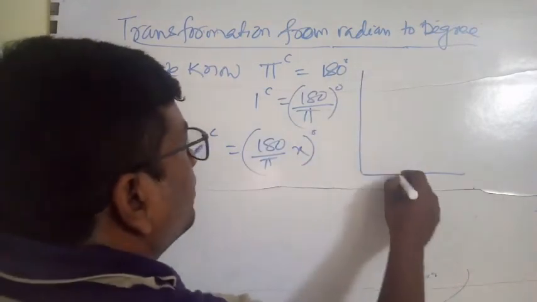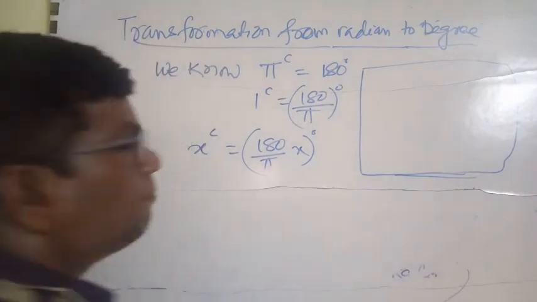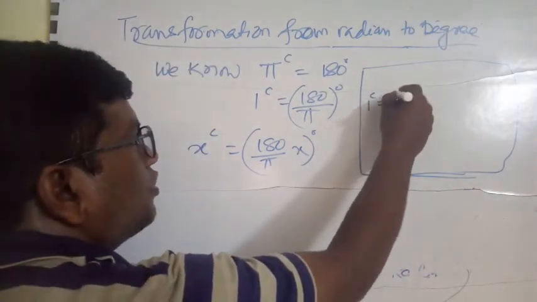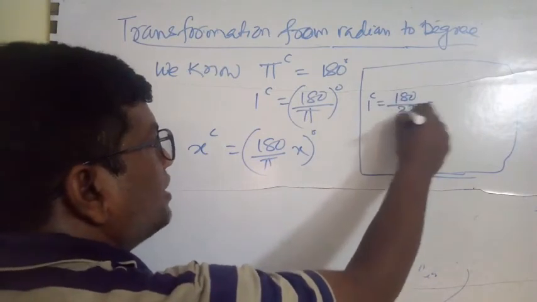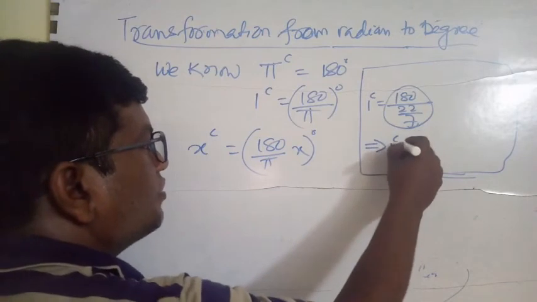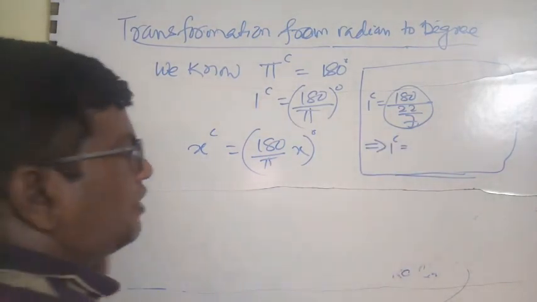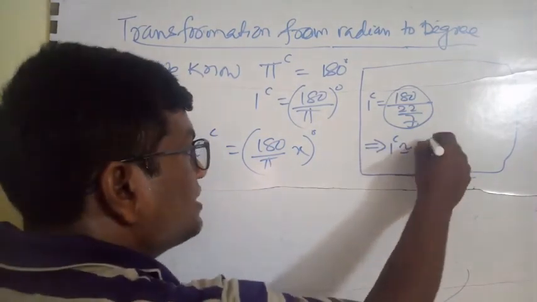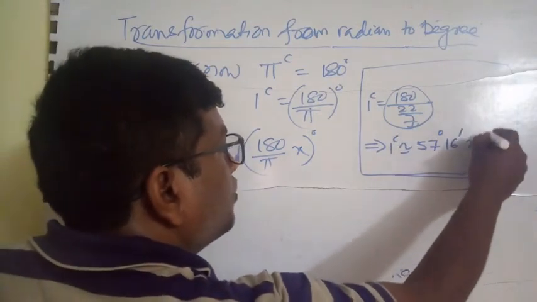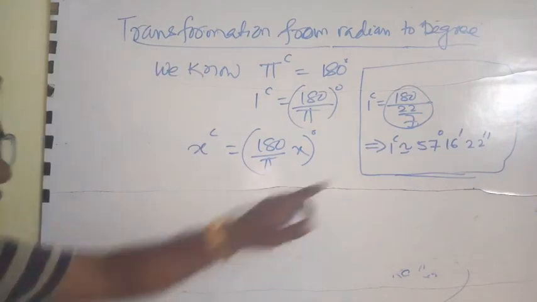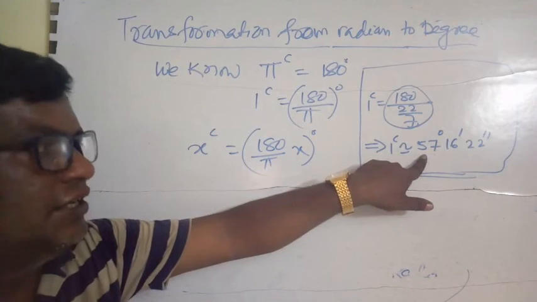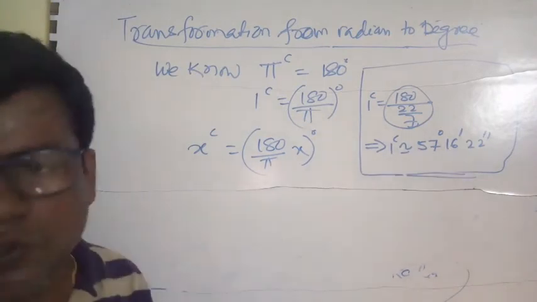If putting the value of pi equal to 22 by 7, 1 radian is equal to 180 by 22 by 7. Calculating this, we get 1 radian approximately equal to 57 degree 16 minute 22 second. Remember this value.